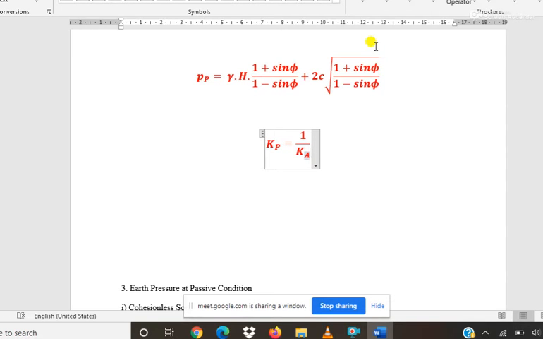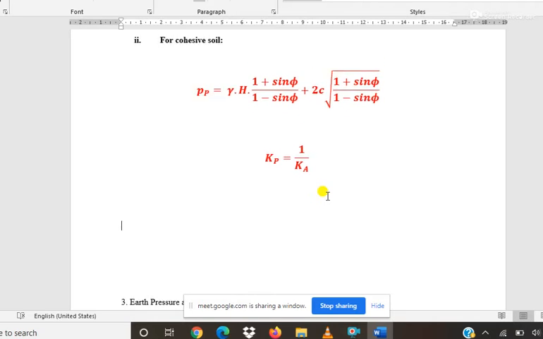Kp is equals to 1 divided by Ka, Ka is equals to 1 divided by Kp. And if you were given one value of Kp or maybe Ka, you have to calculate the Ka or Kp respectively by 1 by that value. This is the relationship between Kp and Ka, coefficient of active and passive earth pressure.